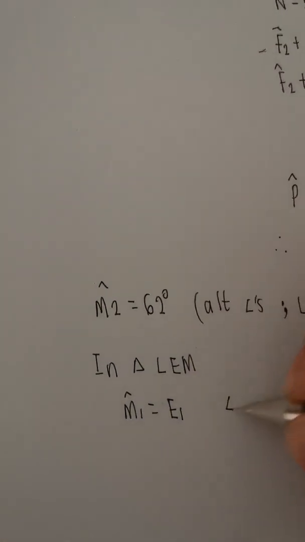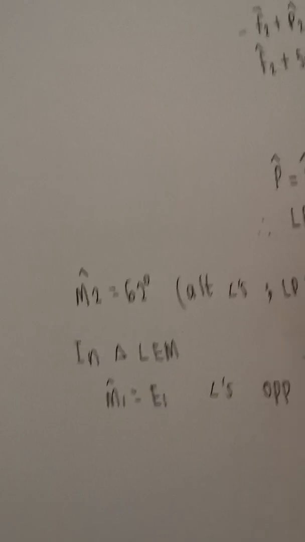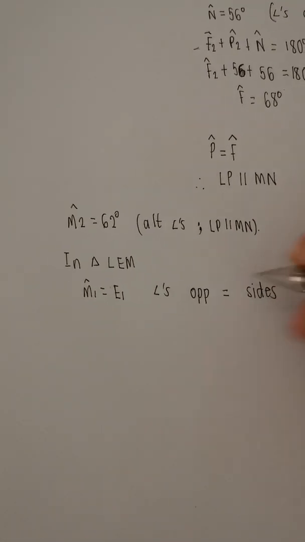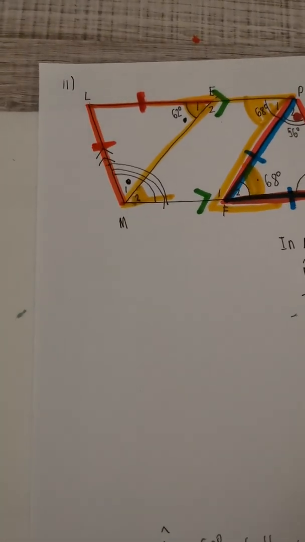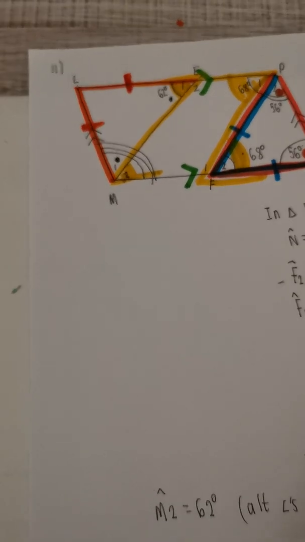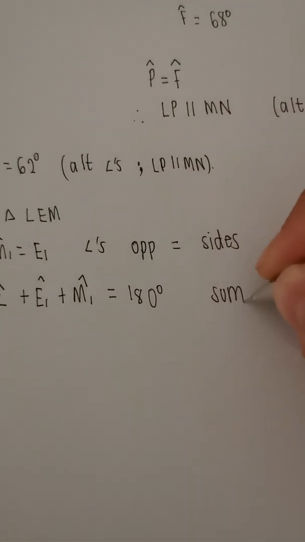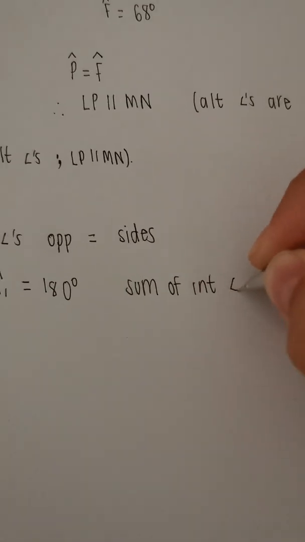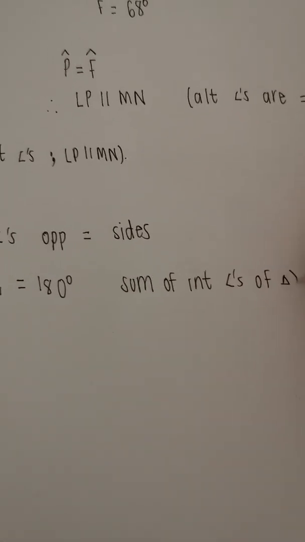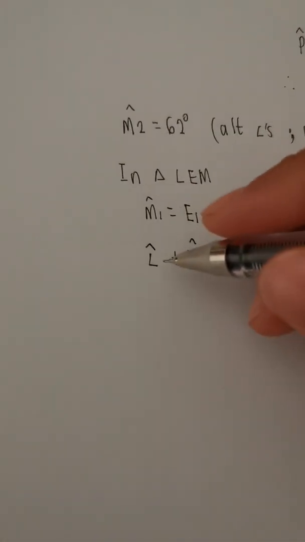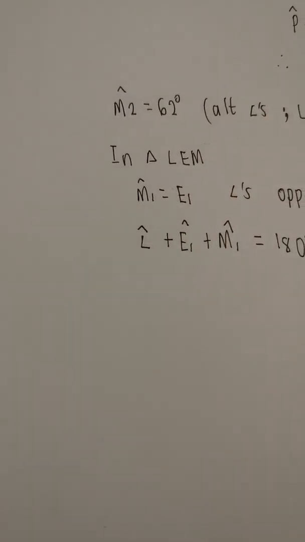So, angles, right. If I say L plus E1 plus M1, it should give me 180 degrees. The reason for this is sum of angles in triangle, interior angles of triangle, right? Angle L, I don't have it. Oh, hold on 1 second.